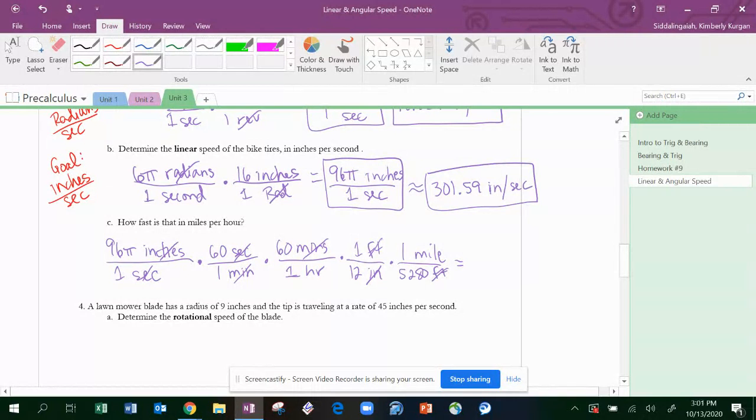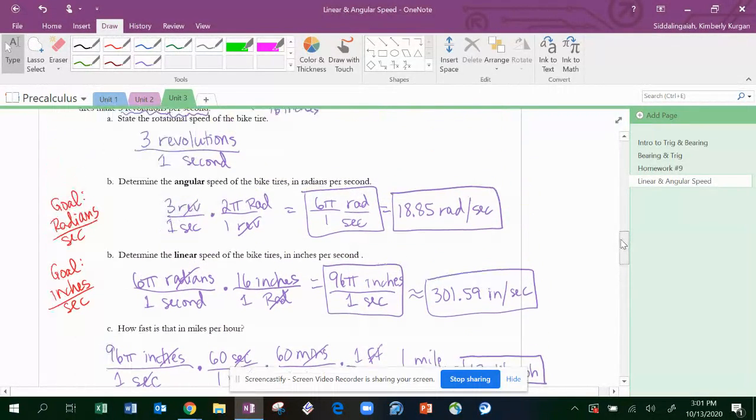So I'm going to divide by 12 and divide by 5,280. And I end up getting actually not a bad number, 17.14 miles per hour, which for my drivers, you know that is really slow. But for a bike, it's not too bad.